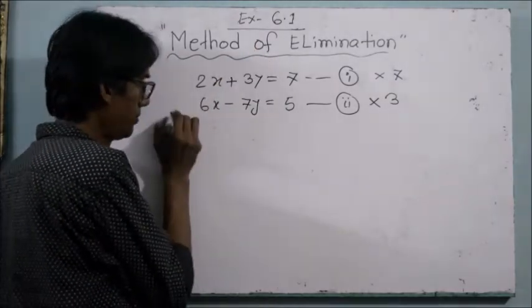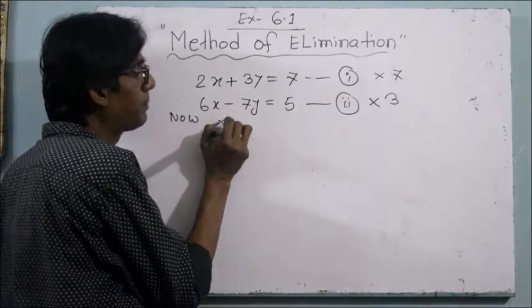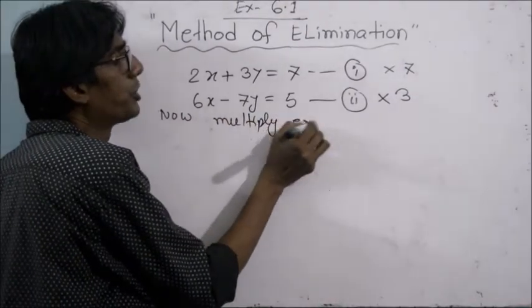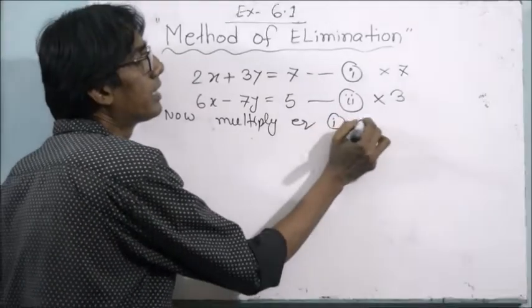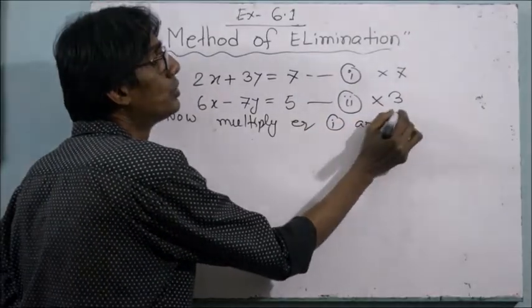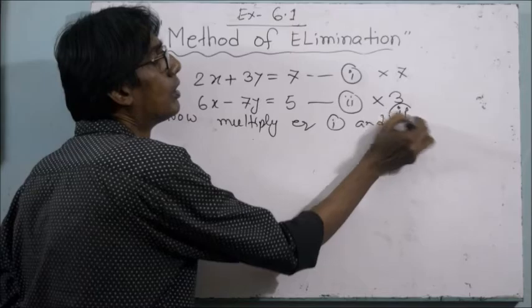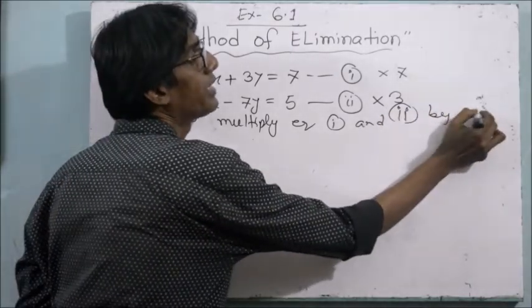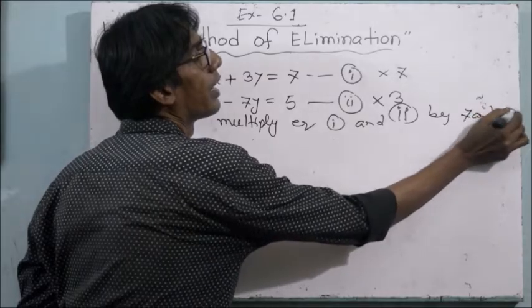So now multiply equations 1 and 2 by 7 and 3.